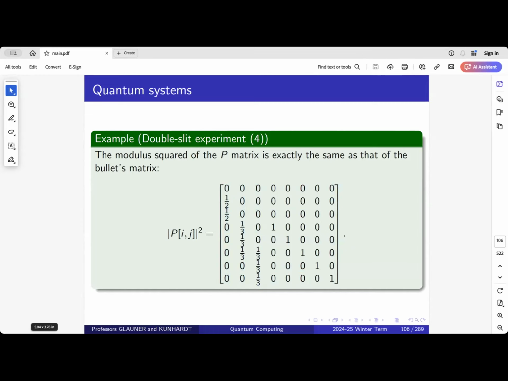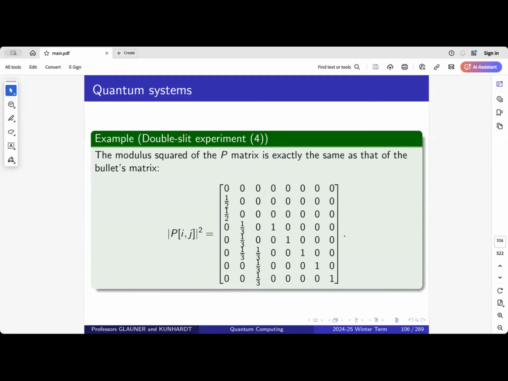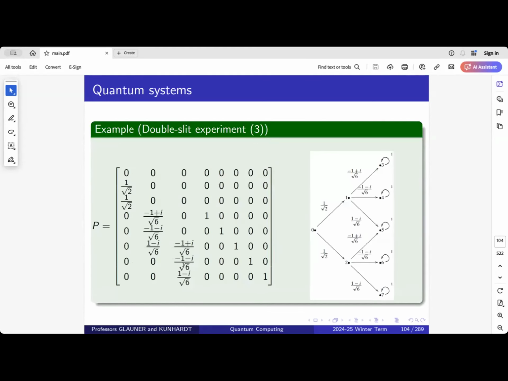That means something, and it means that our matrix we have here is actually not fully correct. So this matrix we have here is also simplified. Actually, the double slit experiment is more complex, but we are using this initial matrix to look at an effect that I want to see.